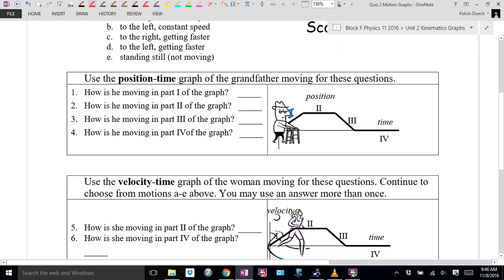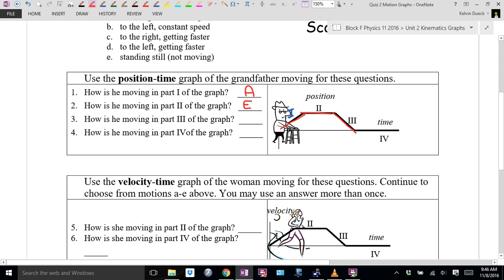Position versus time graph. Everybody has the quiz. I got everybody that was away last day, right? Yeah? Okay. Here, forwards, constant speed. A. To the right, constant speed. Here, at rest, E. Standing still, not moving.